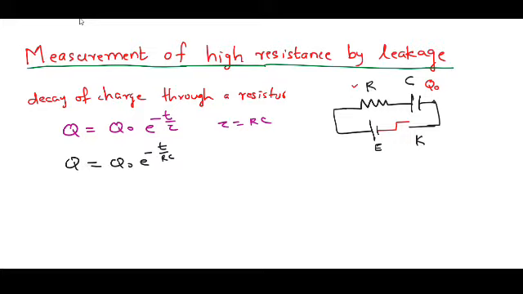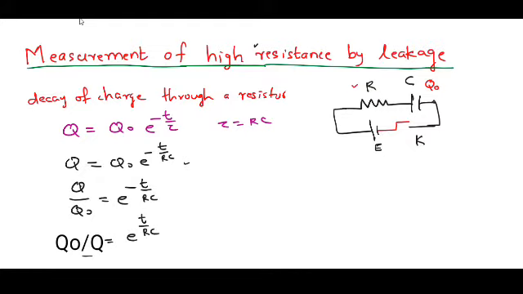Then we will use this expression to find the value of the resistance by the leakage method. If I rearrange the terms, I can write Q by Q0 is equal to e power minus t by RC. And if I take the reverse, Q0 by Q, this minus sign goes to positive, it is t by RC.